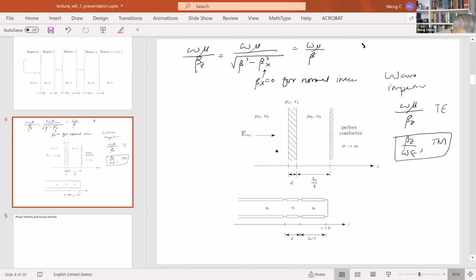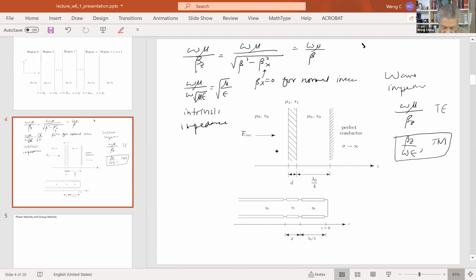And omega mu over beta is omega mu over omega square root of mu epsilon. This wave impedance will be equal to square root of mu over epsilon, which is also called the intrinsic impedance of space.